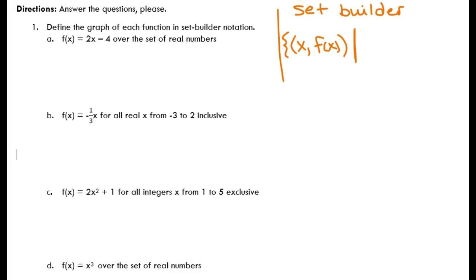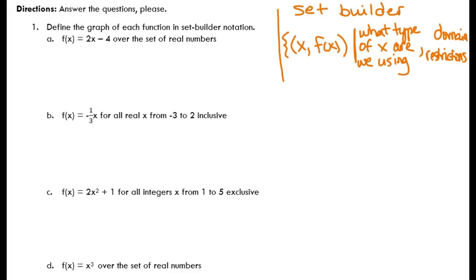So for this little template, we're going to say what type of x we are using. And then you do a comma, and then you write here your domain restrictions. Oh, this is terrible. And then you finish your curly brackets. You'll see when we get to an example what this means. Sometimes there are no domain restrictions.